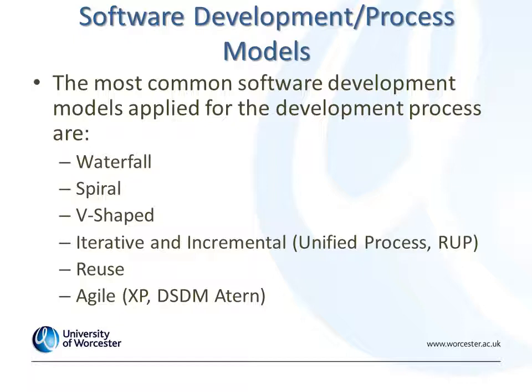The waterfall model is a plan-driven model, with separate distinct phases of specification and development. In incremental development, specification, development and validation are interleaved. This may be plan-driven or agile. In reuse-orientated software engineering, the system is assembled from existing components, and may be plan-driven or agile. In practice, most large systems are developed using a process that incorporates elements from all these models.